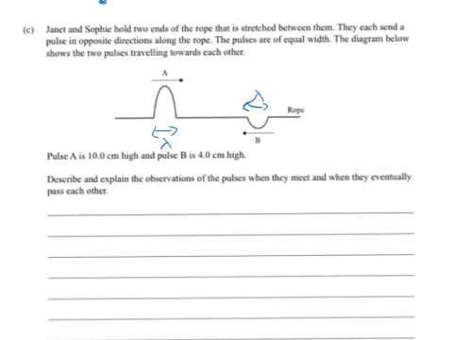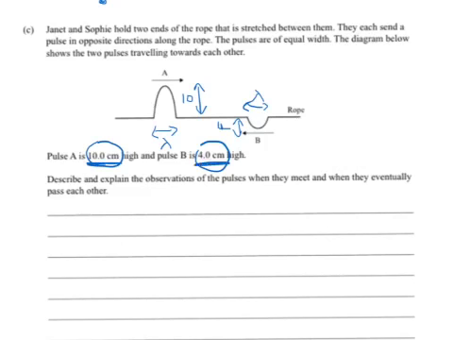Pulse A is 10 centimeters high, so this is 10 high, and pulse B is 4 centimeters high, so this is 4. Okay, they've got 4.0, 10.0. We should bear that in mind with the SF that they're giving us, the significant figures.